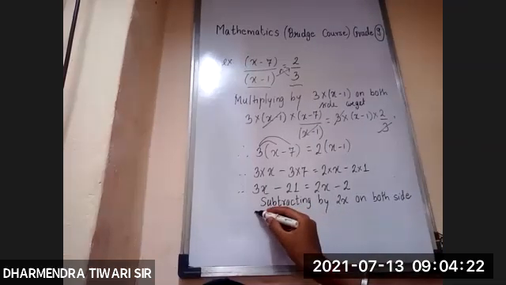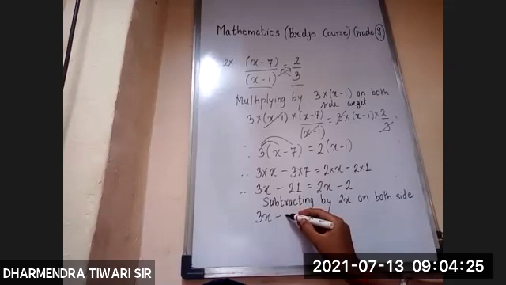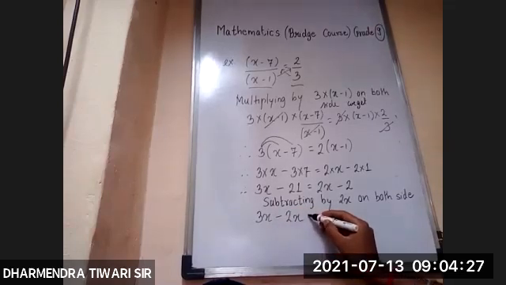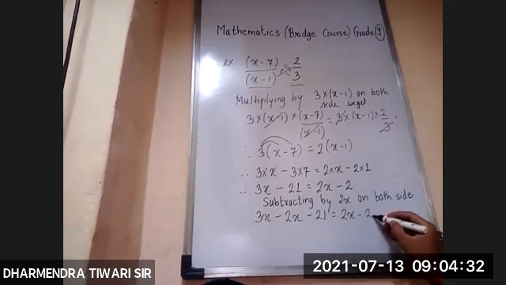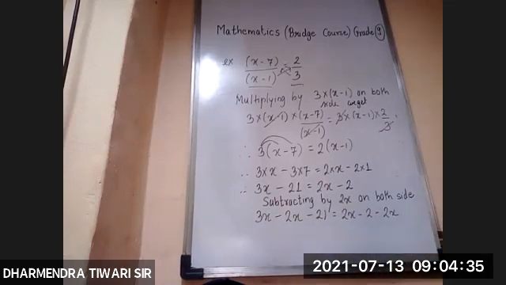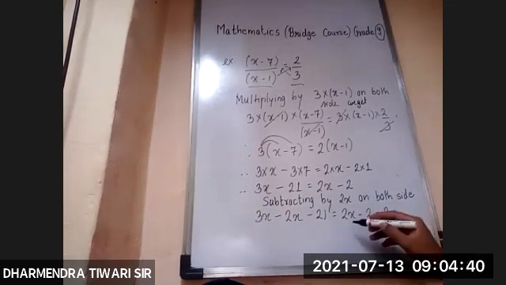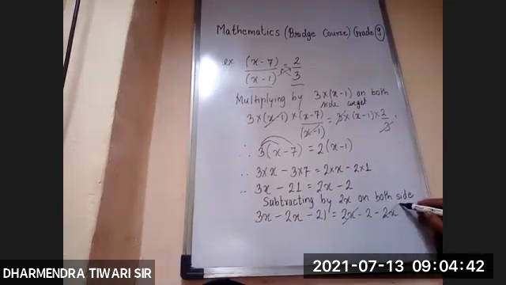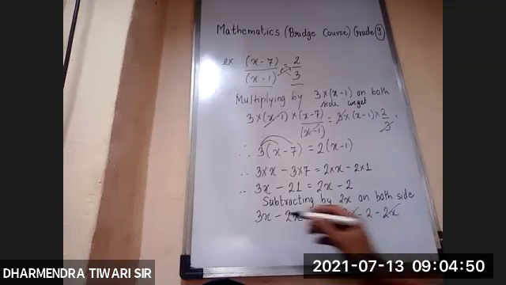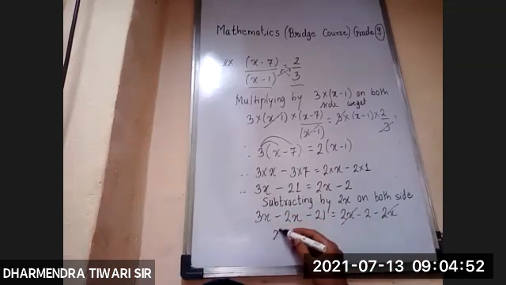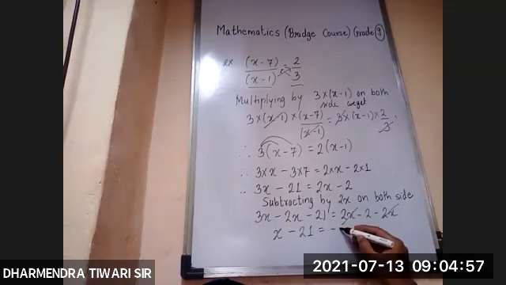We can write this as 3x minus 21 minus 2x is equal to 2x minus 2 minus 2x. You can see that terms with opposite signs get cancelled on the same side. So 2x got cancelled. 3x minus 2x is x, minus 21 is equal to minus 2.